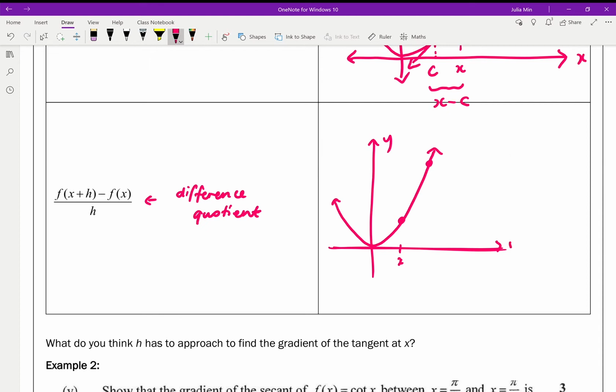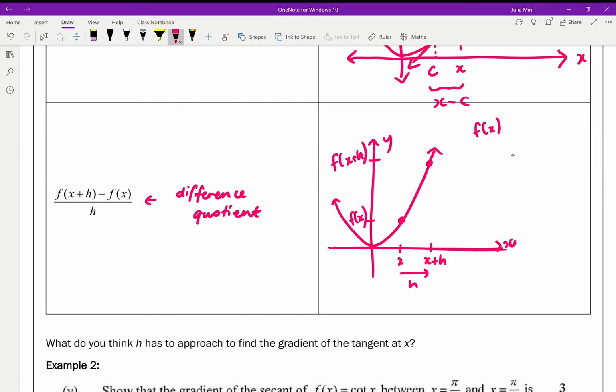So let's say this is just some arbitrary function, right? The corresponding y value would be when I sub it in. Okay, and let's say this value here is just x plus h, which is just the difference between the two x values, which means this is f of x plus h.